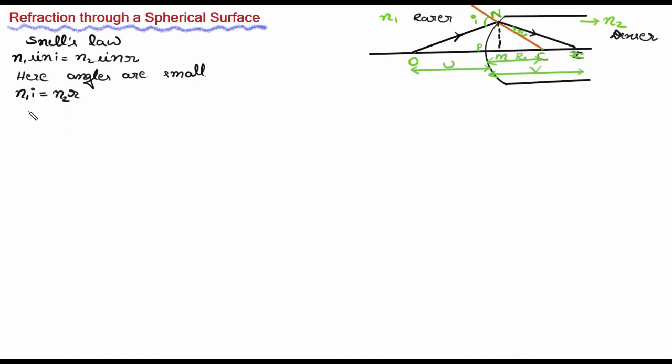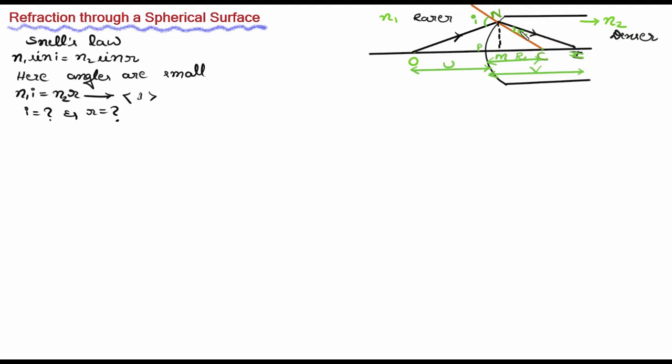Now let's proceed. I'll call this equation number 1, which we have got from Snell's law. So in this equation, we have to find out the angle of incidence and the angle of refraction. We need to calculate the values of i and r. Okay. So to find out the values of i and r, we are going to use the geometry.